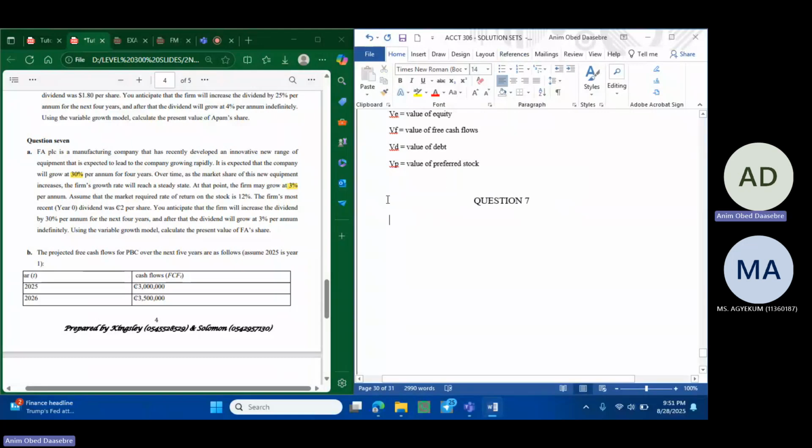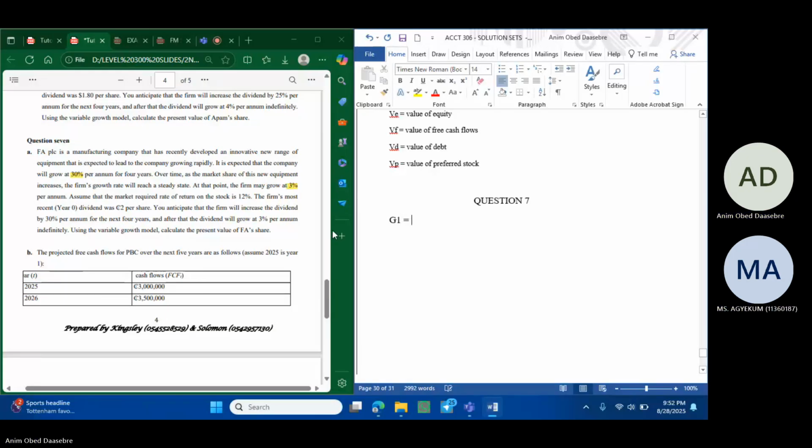So from the question, let's list the items that we'll be using. We have g1, that's the initial growth. g1 is 30%.